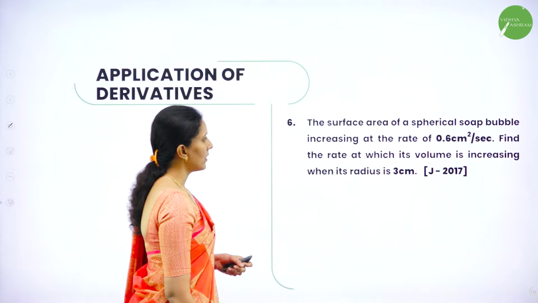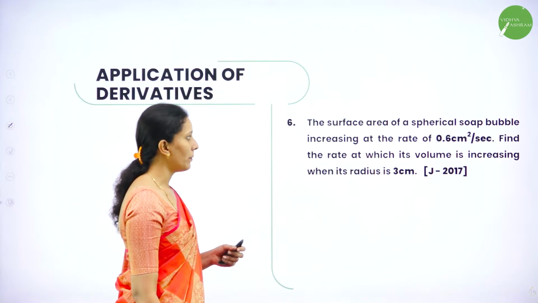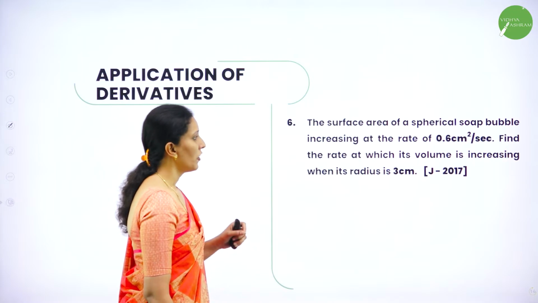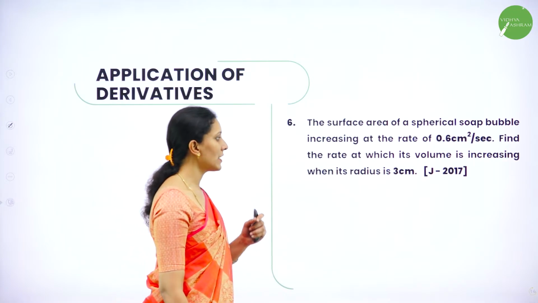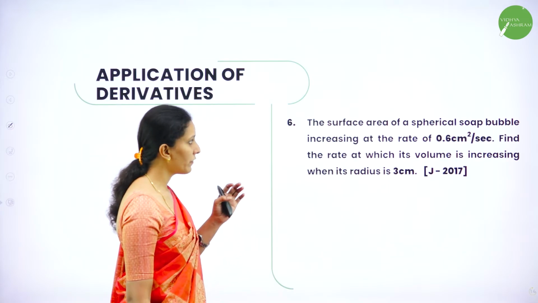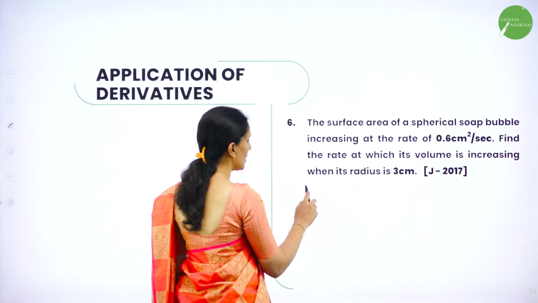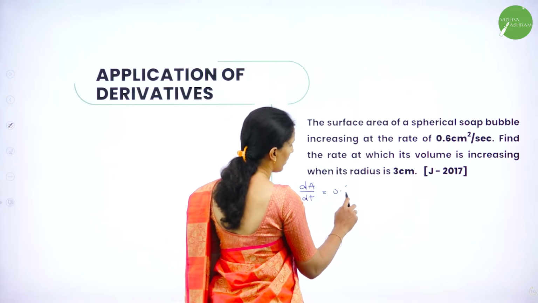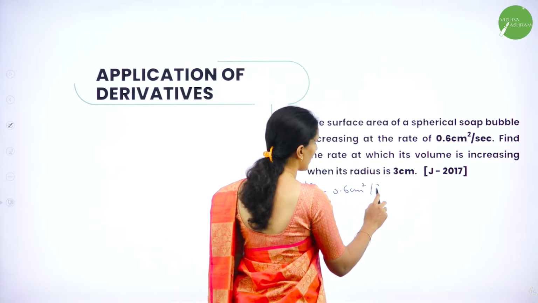Next one, the surface area of a spherical soap bubble is increasing at the rate of 0.6 centimeter square per second. Find the rate at which its volume is increasing when its radius is 3 centimeter. So they have given the surface area is changing, that is dA by dt is 0.6 centimeter square per second.